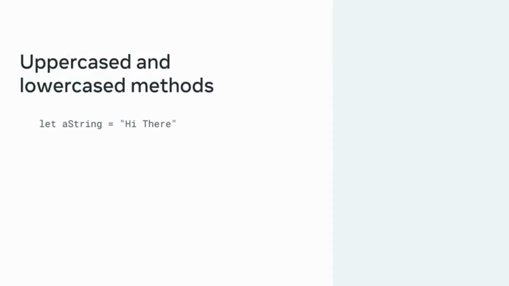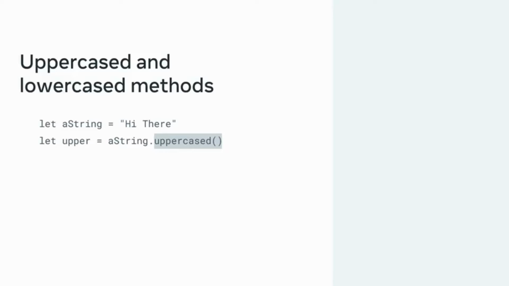For example, you can also convert strings from uppercase to lowercase and vice versa using the methods uppercased and lowercased. Suppose you create a variable called aString and assign it the string value of "Hi There" using capital letters for H and T. Next, you create another variable called upper and assign it the value of the aString variable with the uppercased method appended, which is just another way to add to the end.